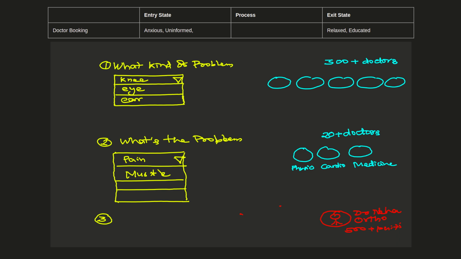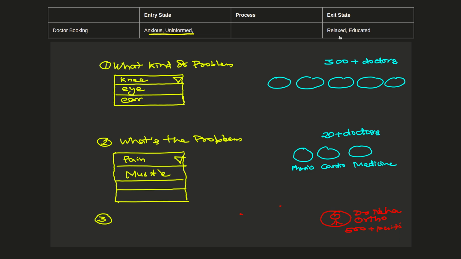But most of the time you are uninformed. If you understand these are the entry states, good; if you don't understand, you will be very confused. So here, you are uninformed, you are anxious, you don't know what you are looking for, you don't know which kind of doctor, right?